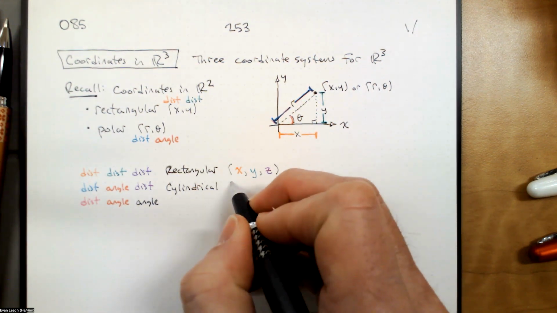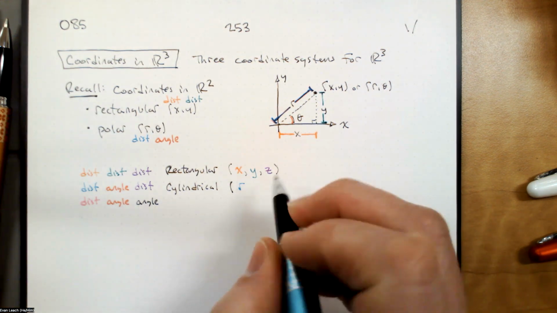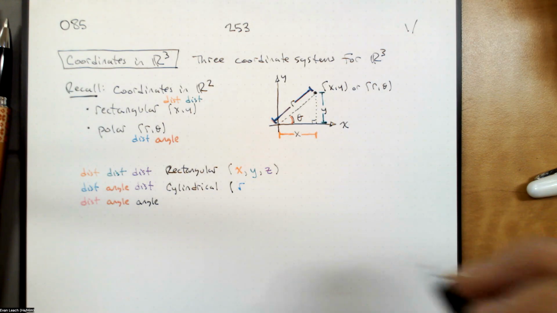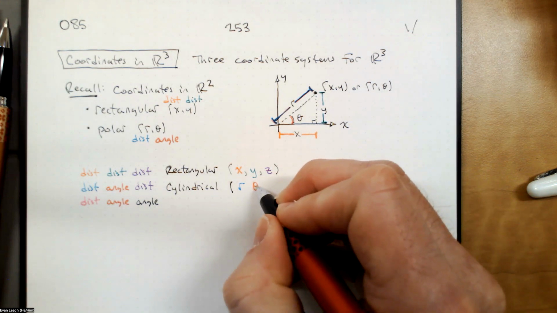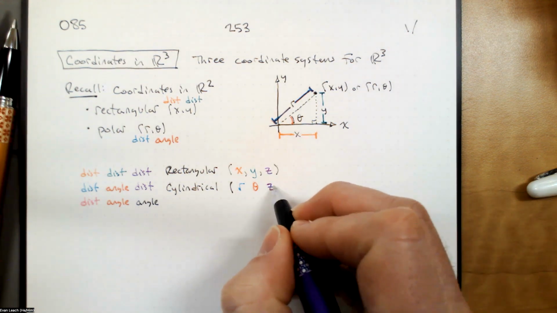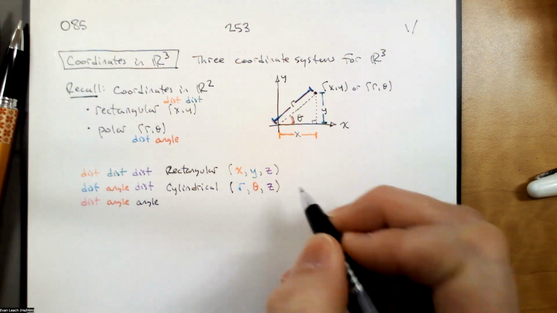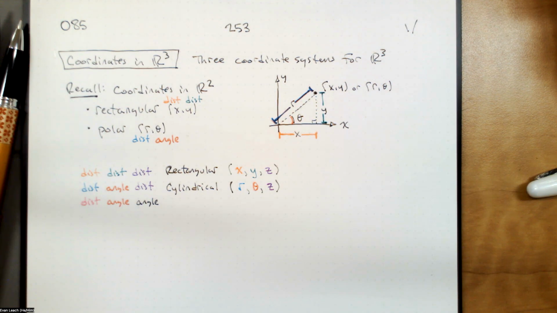Cylindrical coordinates are just polar coordinates on the floor, r and theta, and we use the exact same Z that we would use in rectangular coordinates. So rectangular coordinates in R3 is a rectangular floor with a Z-axis, and cylindrical coordinates is a polar floor with a Z-axis.